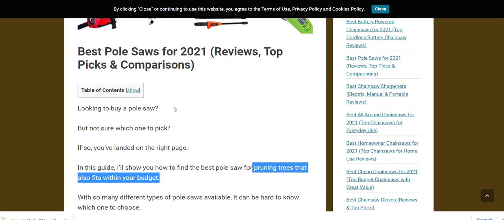A lot of people who are not very good with introductions would ask a question that is completely unrelated. You're talking about pole saws, but you'll be asking questions about chainsaws or any other cutting equipment. That doesn't make any sense. Focus on filtering your reader. This goes straight to the point.